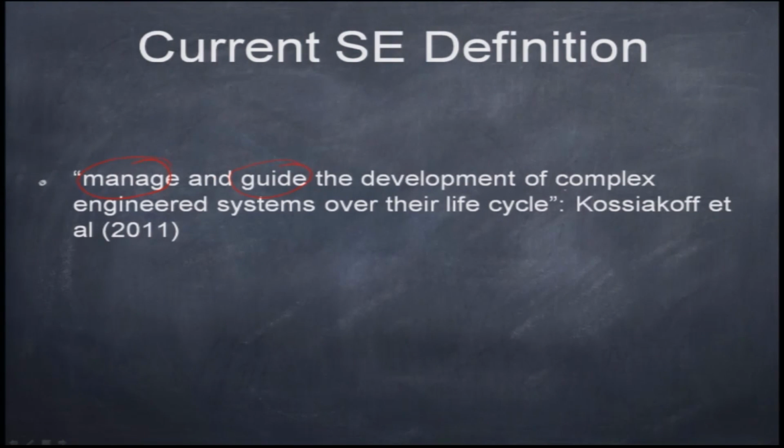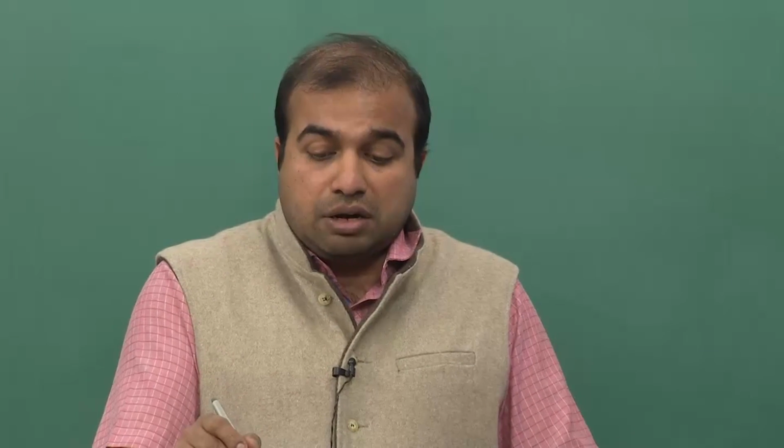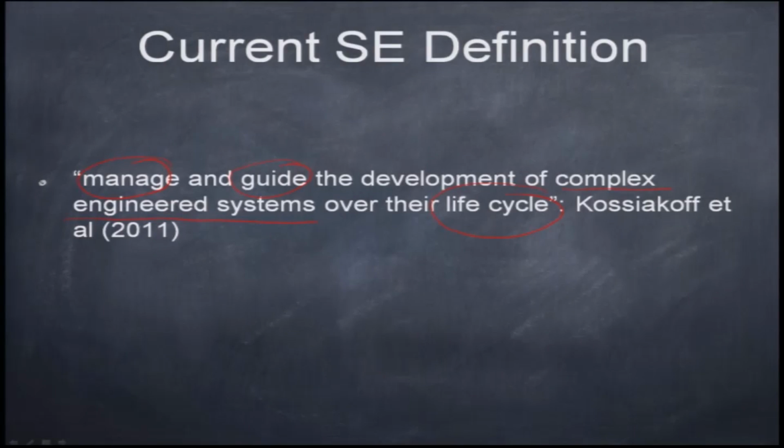So, you can see that the definition is now limited to complex engineered systems. To a large extent, we are not involving life systems or ecological systems. In this case, we are talking about engineered systems or man-made systems, and the life cycle of the systems is still an important aspect.